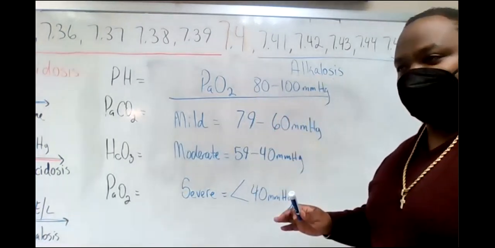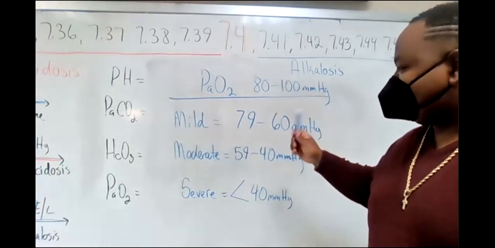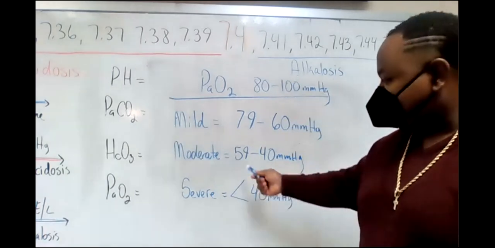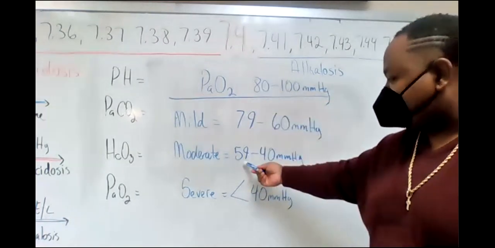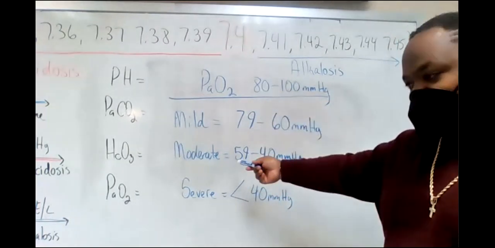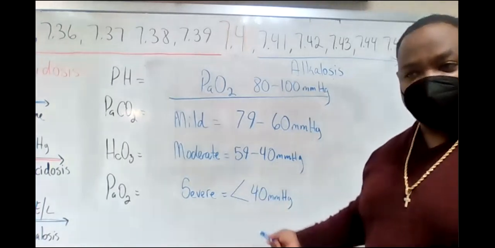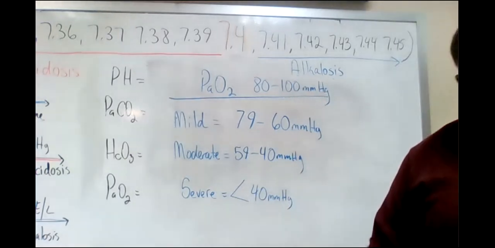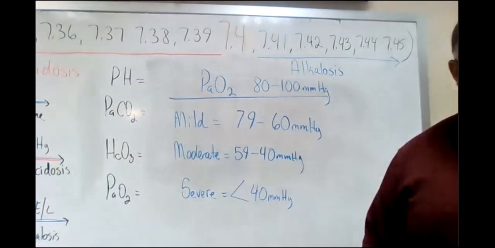If it is between 79 and 60, then it's mild hypoxemia. Moderate is 59 to 40 millimeters of mercury. If that PaO2 is 59 to 40, then it's moderately hypoxic. And anything less than 40 is considered severe. Not 40, 40 is moderate. Less than 40 is severe.